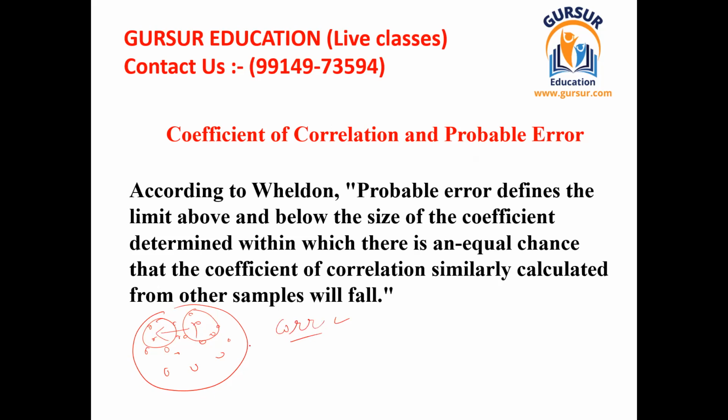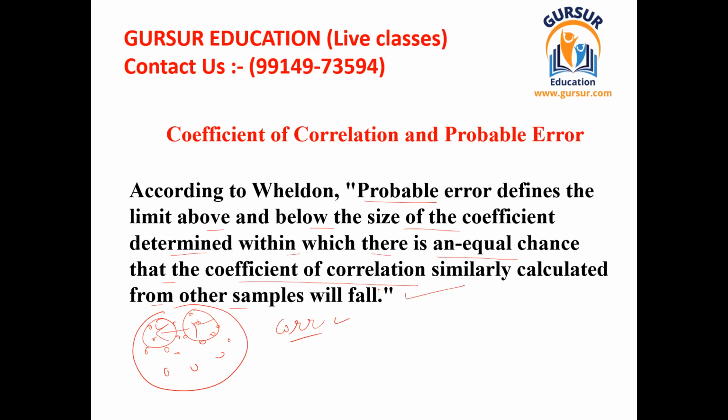This is the complete population or sample, and we have taken only these two parts and left all the other parts. Now, what is the probable error? Probable error defines the limit above and below the size of a coefficient determined, within which there is an equal chance that the coefficient of correlation similarly calculated from other samples will fall.